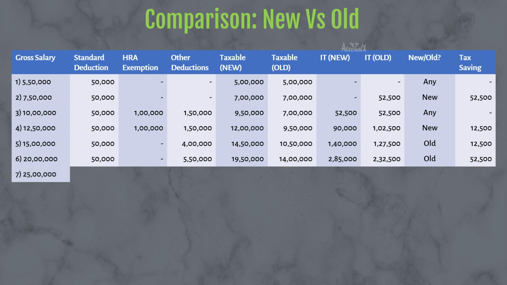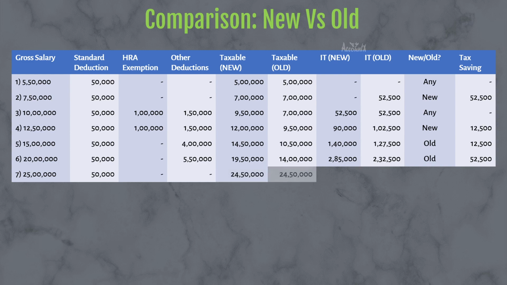Last one, when your gross salary is 25 lakh. You have standard deduction 50k and let's assume you have no other exemptions or deductions. So your taxable salary in both new as well as old tax regimes would be 24.5 lakh.